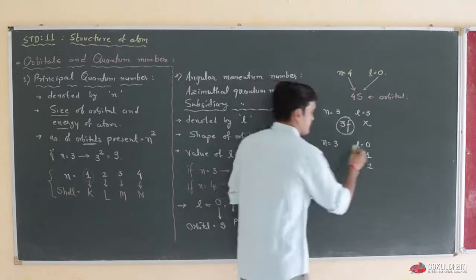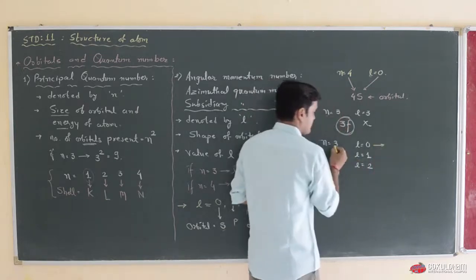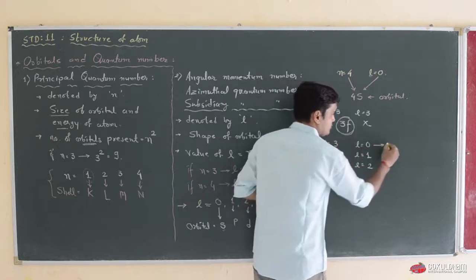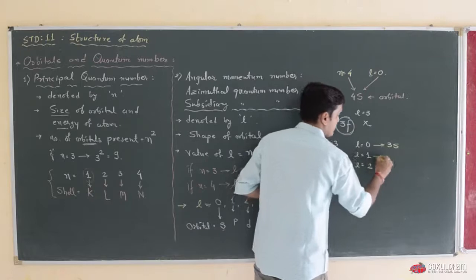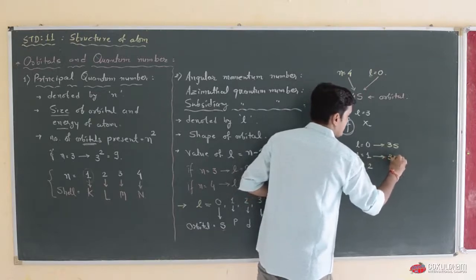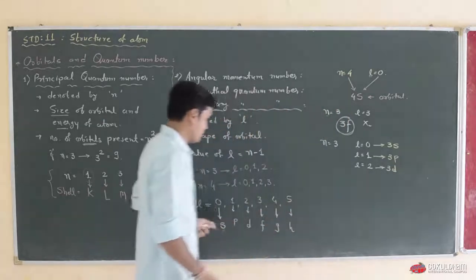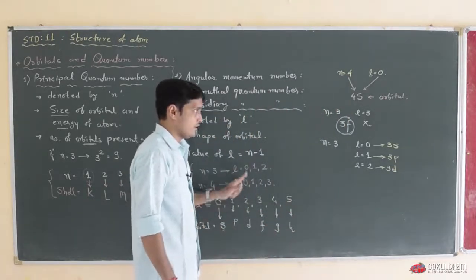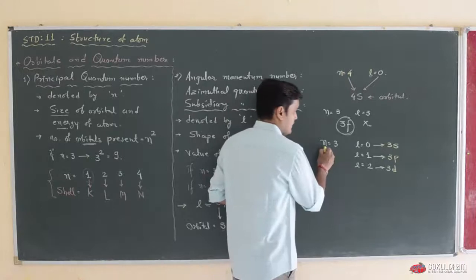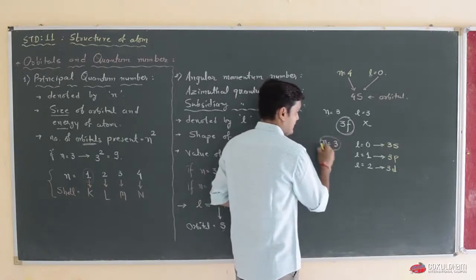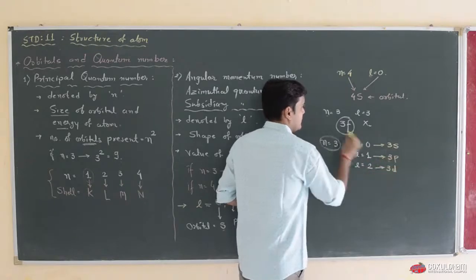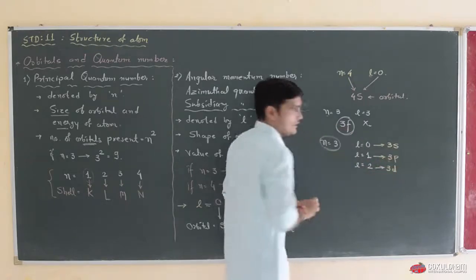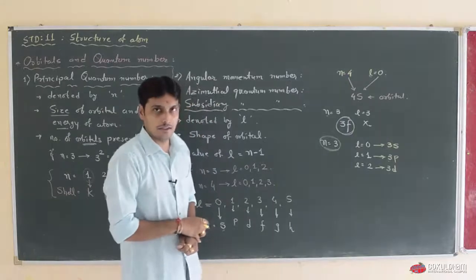In this case, n is equal to 3, L is equal to 0 means 3s; n is equal to 3, L is equal to 1, so 3p; and 3d, with L 0, 1, 2. So we can say that in the third orbit, n is equal to 3, there is a possibility of 3s, 3p and 3d. There is no possibility of a 3f orbital.